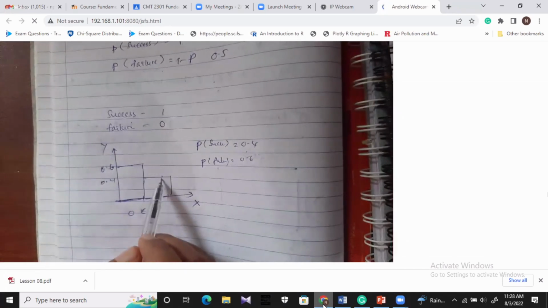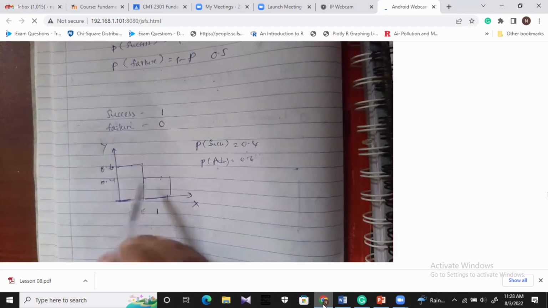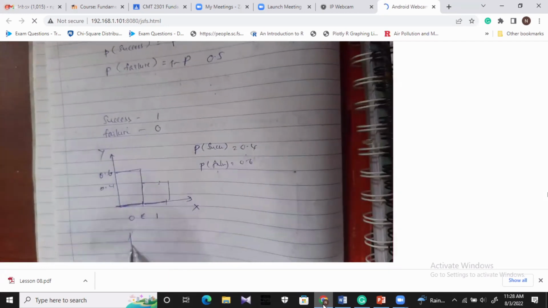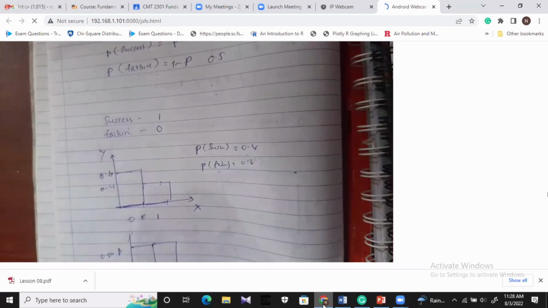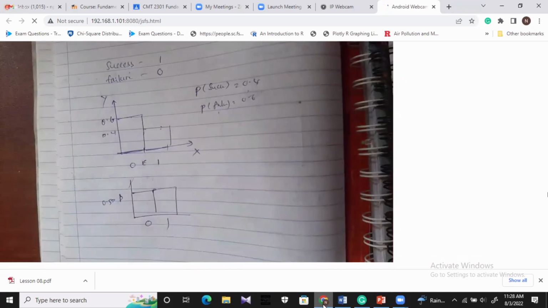If it is tossing a coin, then these probabilities are equal. That is 0.5. Understand? Like this.